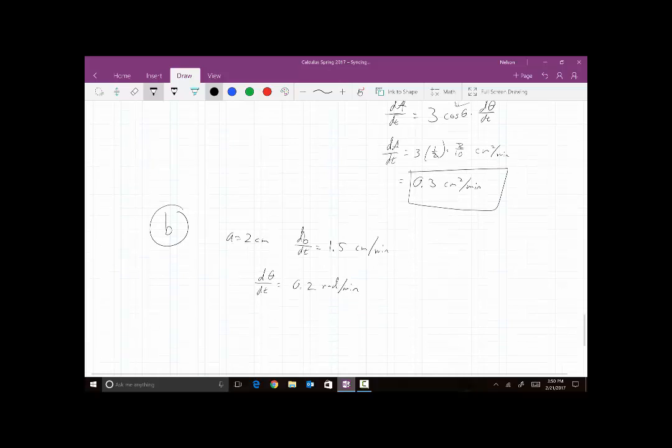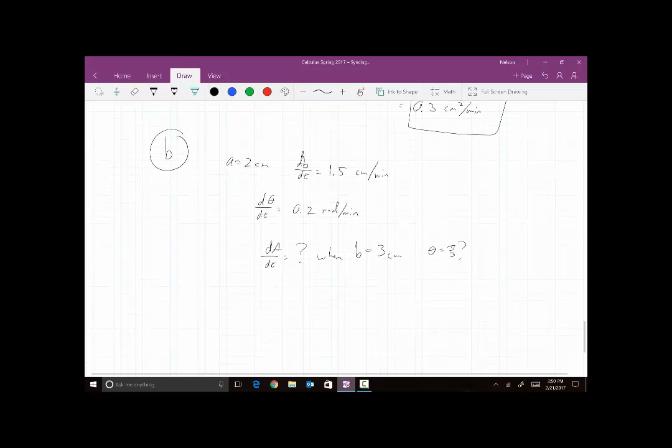Then it asks, how fast is the area increasing when B is equal to 3 centimeters and theta is equal to pi over 3 radians? That's what it's asking for.